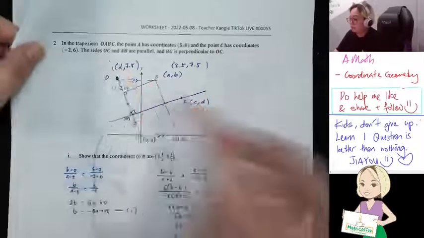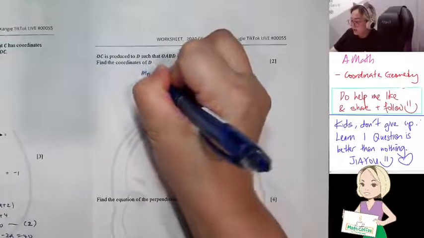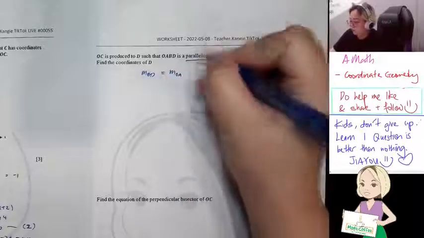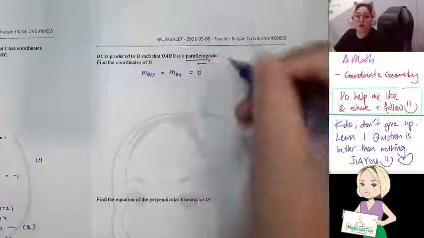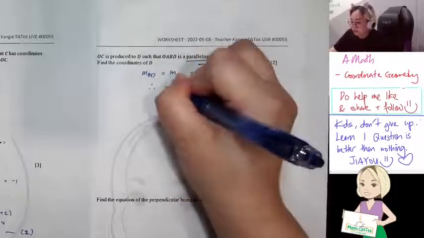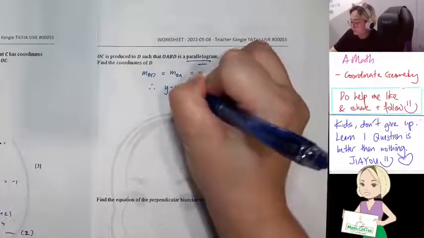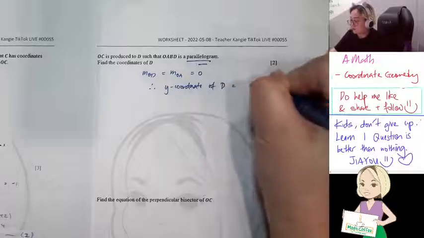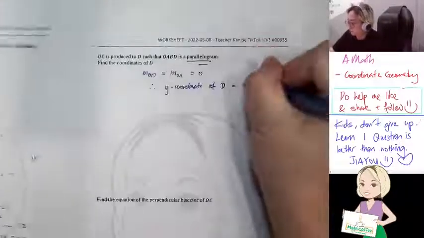Okay? So you will actually state here, gradient BD is the same as gradient OA, which is equal to 0. A horizontal line gradient is 0. So therefore, the y coordinate of D is equal to 7.5 as well.